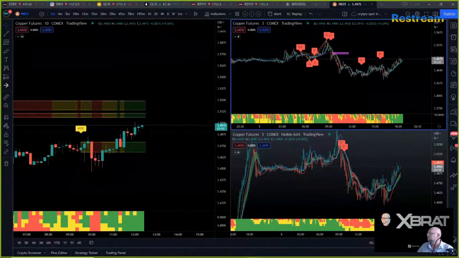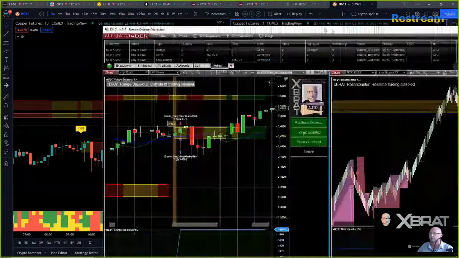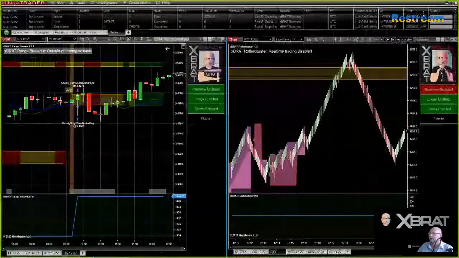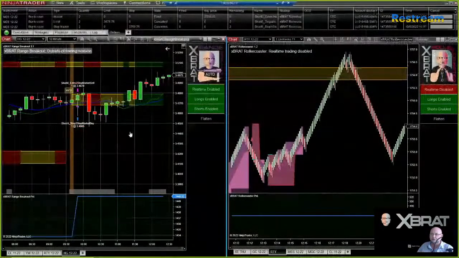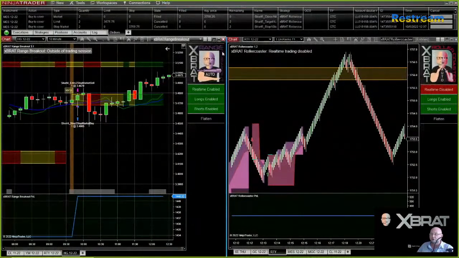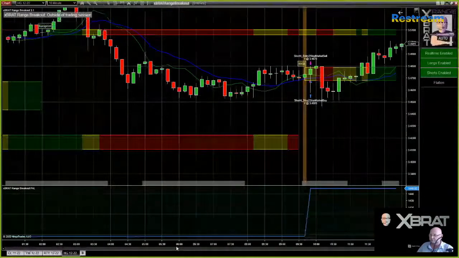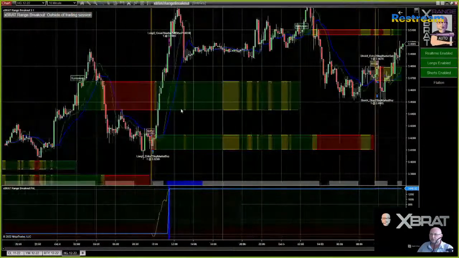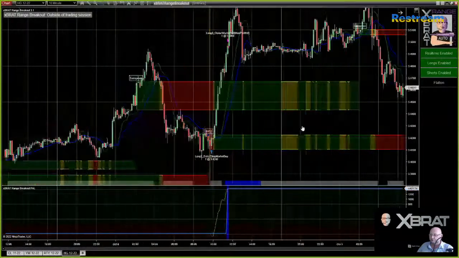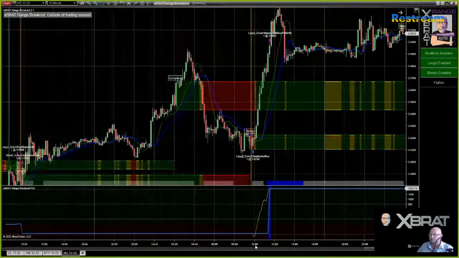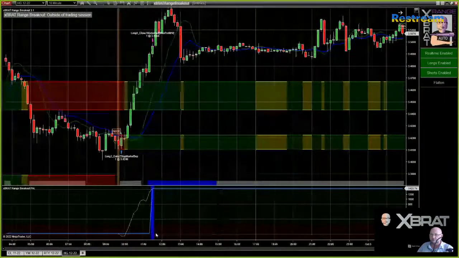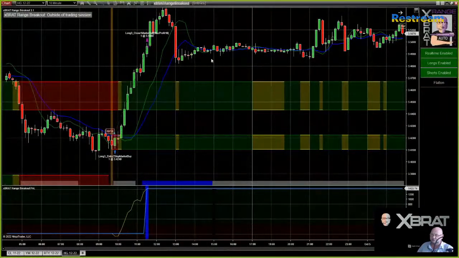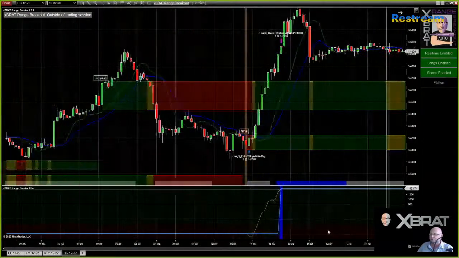Now I want to bring across the auto trader, purely because I'm going to go big on the copper and talk about some rules. Yesterday was a monster trade. It hit the $1,800 maximum profit target and still continued to go, but that's what we're after. This is what's called a straddle trade.